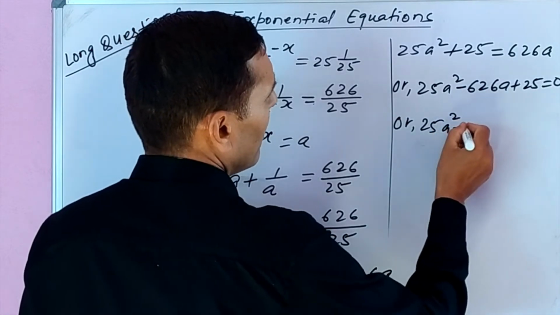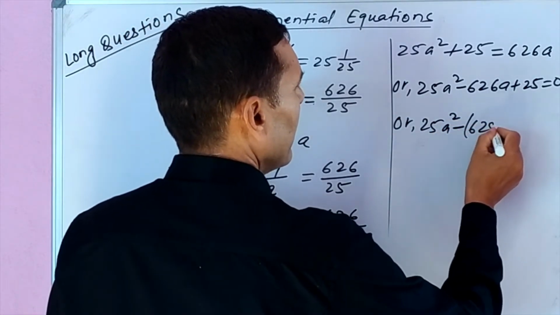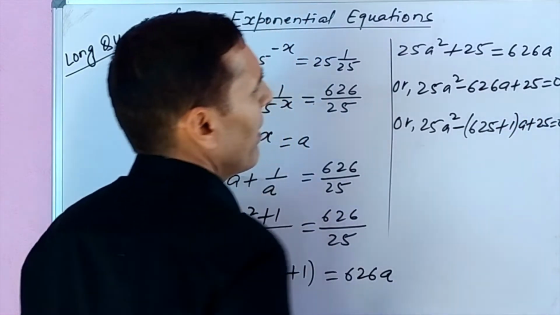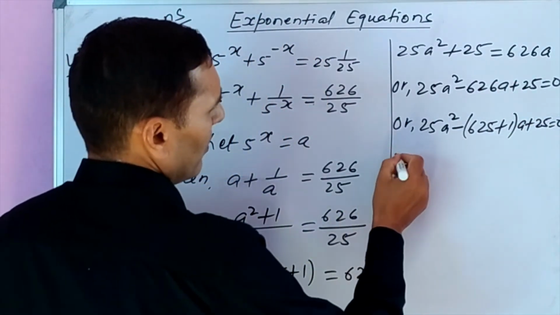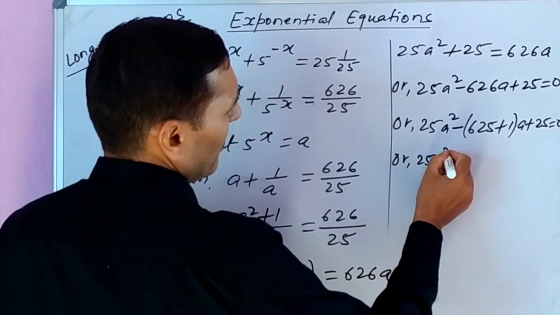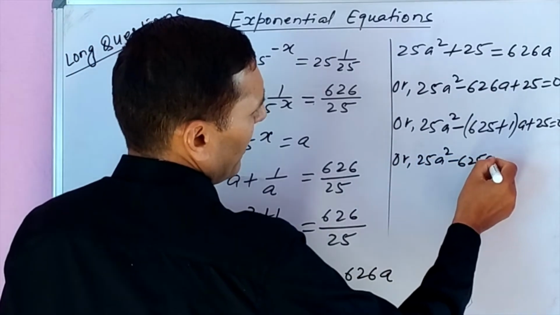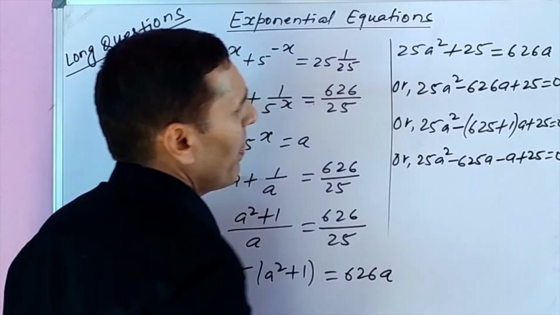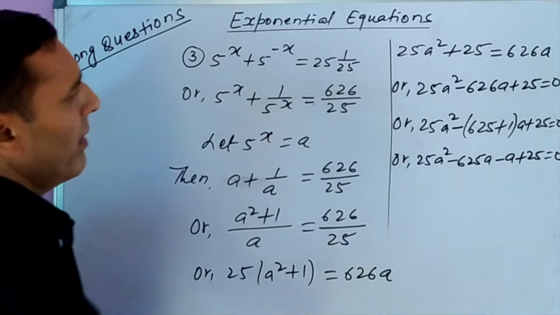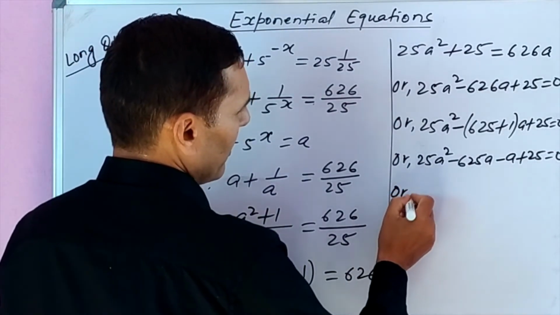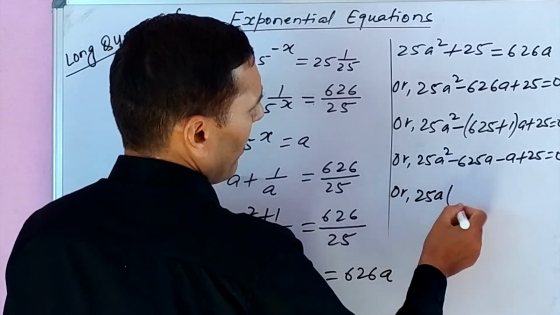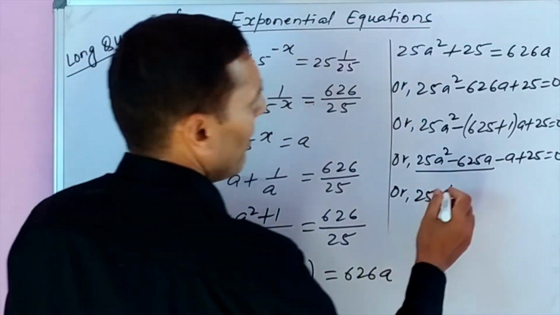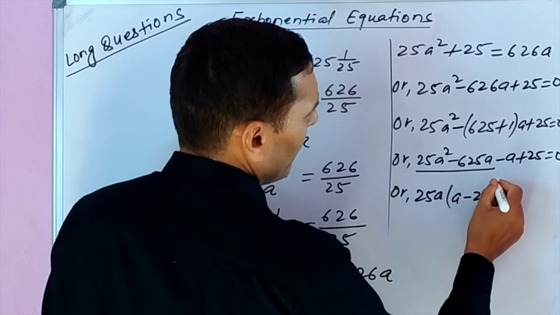25a square, 625 plus 1 times a, plus 25 is equal to 0. So that it is 25a square minus 625a minus a plus 25 is equal to 0. Now we can take common in the first two terms 25a. After taking 25a common in the first two terms, what we get here is a minus 25.